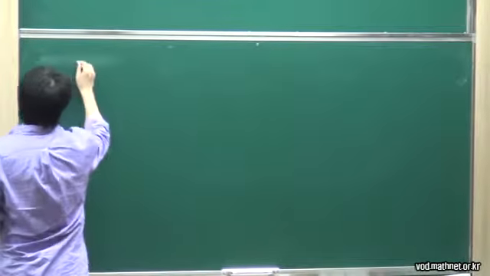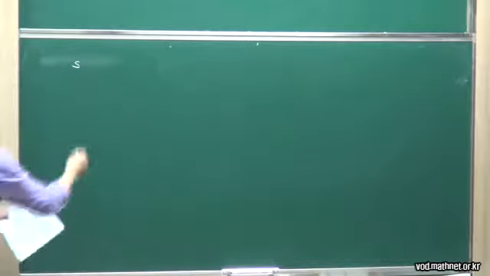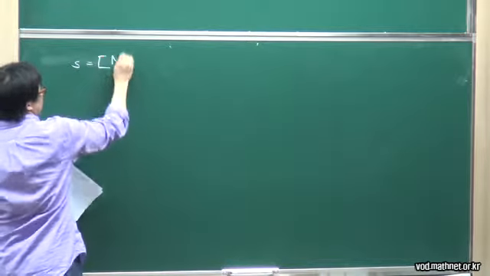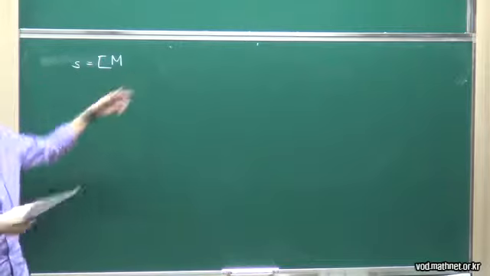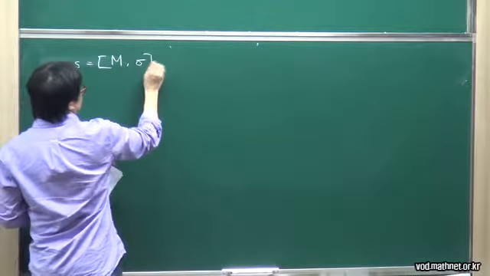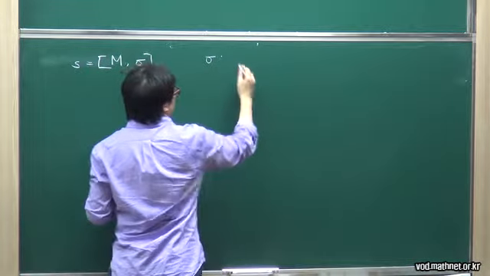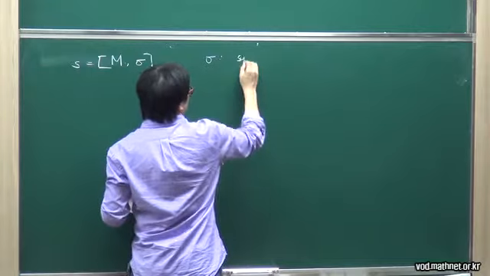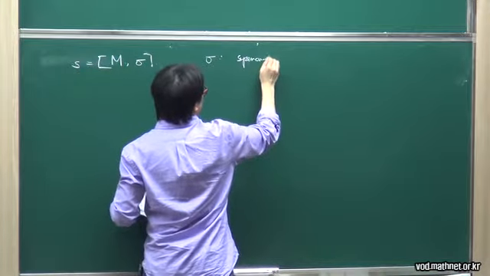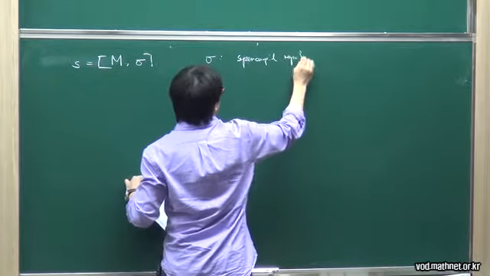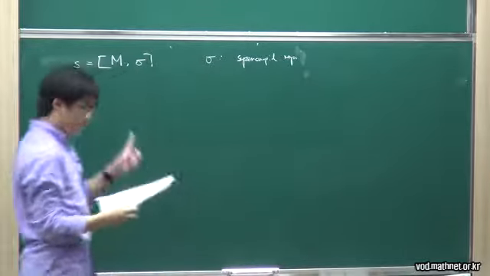This is the following object. S here is a pair. M is a Levi subgroup of G, and sigma here is a supercuspidal representation.